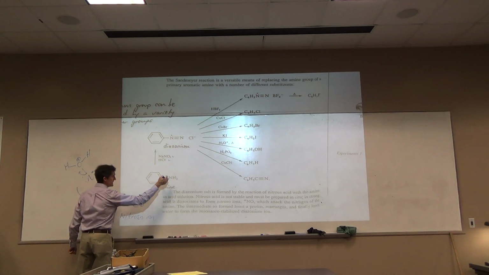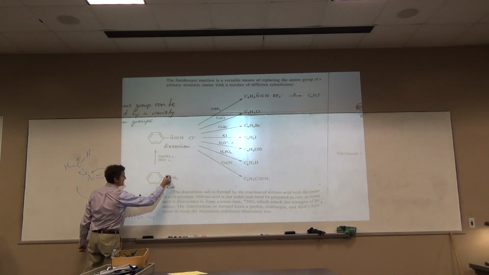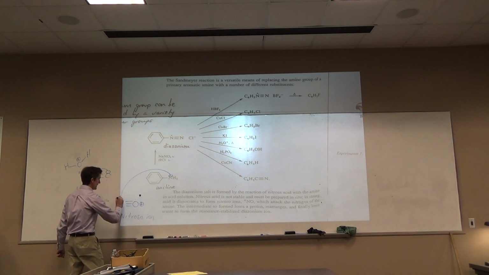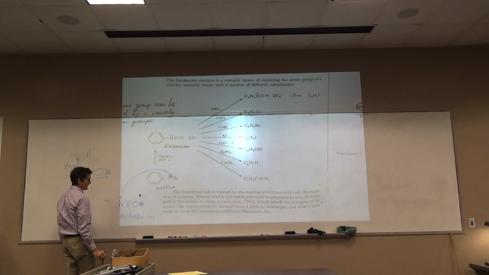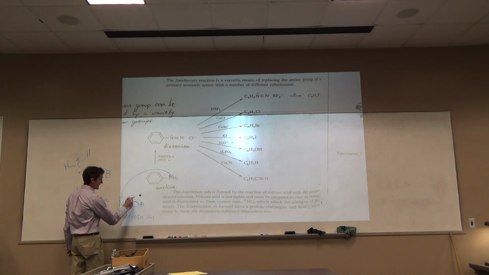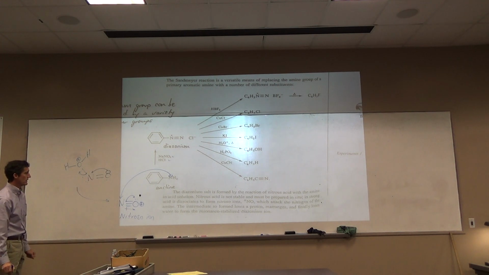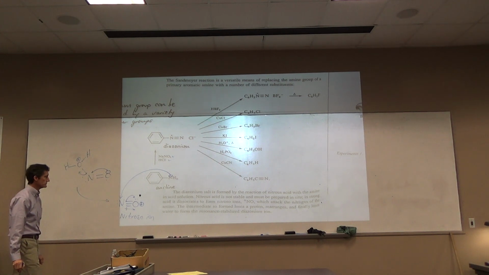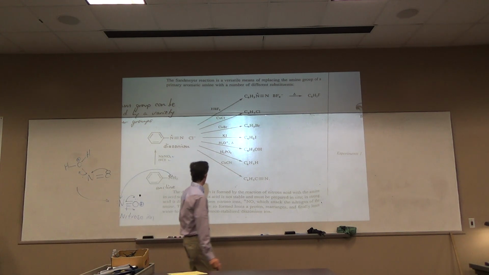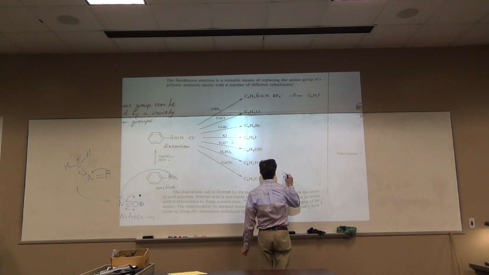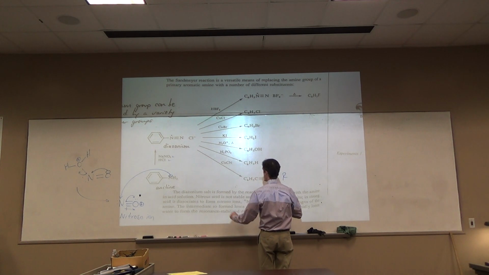Then the aniline, the amine, will react with this. These electrons bond to the nitrogen and move these electrons back, because we do have a dipole here. And that would give R, I'm just going to say R for the benzene ring.